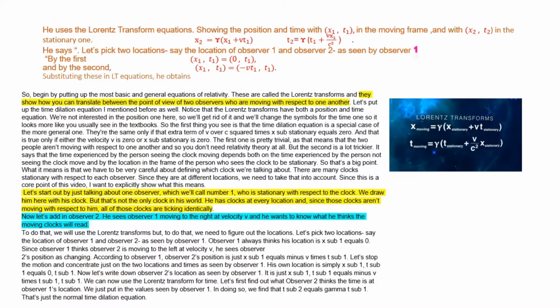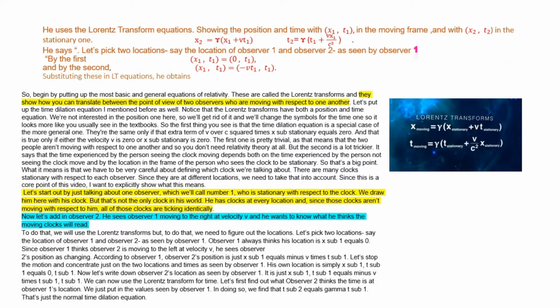He uses the Lorentz transform equations, showing the position and time with x sub 1 and t sub 1 in the moving frame, and with x sub 2 and t sub 2 in the stationary one. X sub 2 equals gamma times quantity x sub 1 plus v times t sub 1. T sub 2 equals gamma times quantity t sub 1 plus v over c squared times x sub 1.